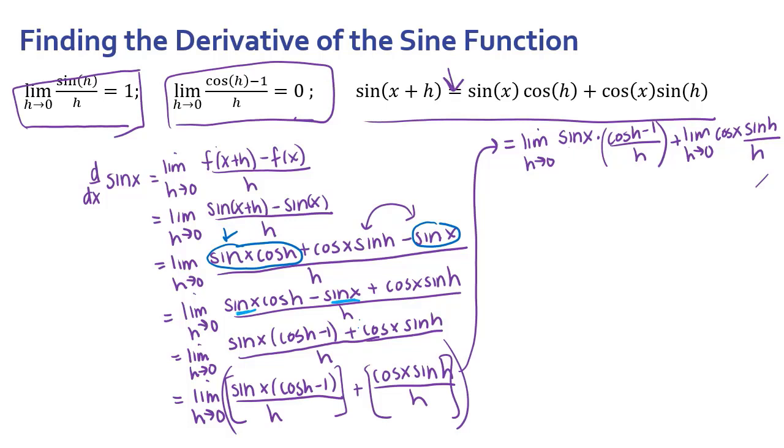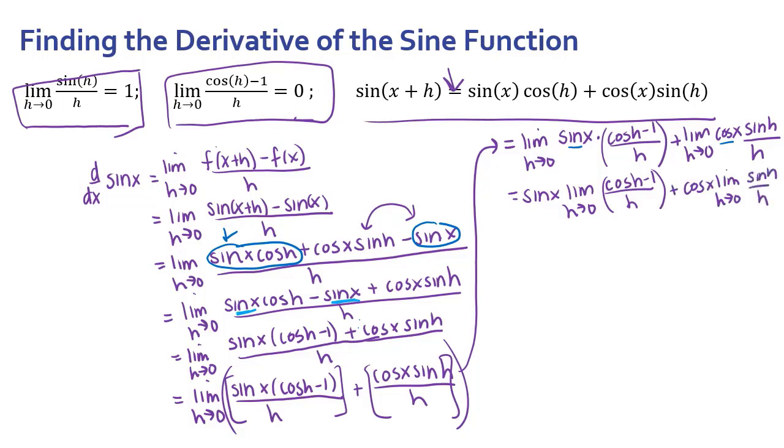Because those just have x's in them, I can pull them in front of the limit, since I'm looking at what happens as h approaches 0, so that is always going to stay as sine of x. And I can pull this cosine of x out because, again, it doesn't involve the h. I'm just looking at what happens with the h values.